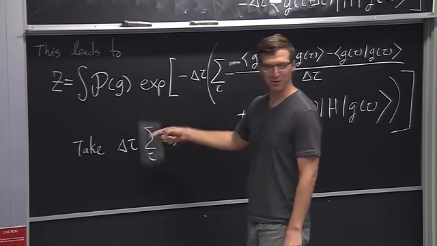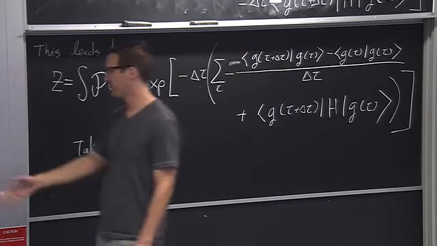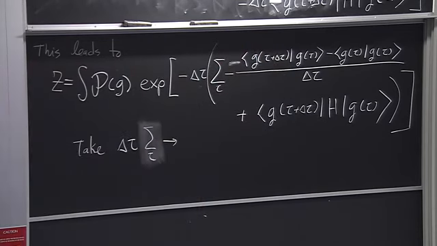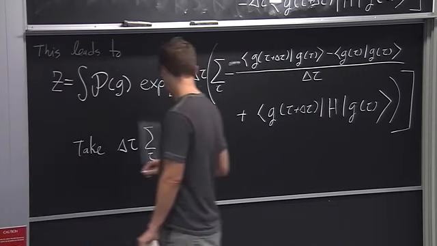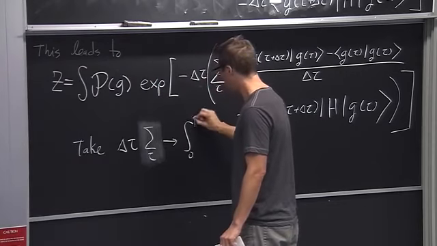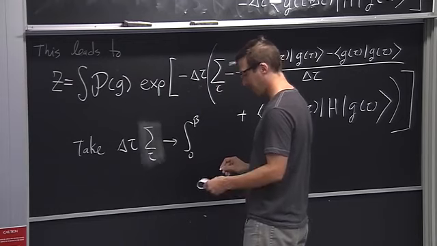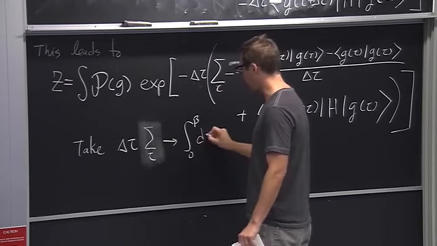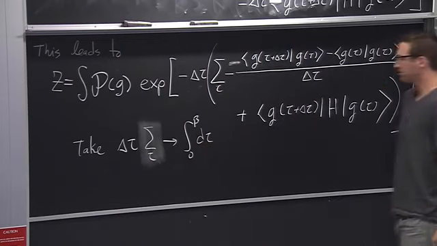And those taus are summed up from, we introduce an index from 0 to beta, so the integral's 0 to beta. Delta tau gives me d tau.